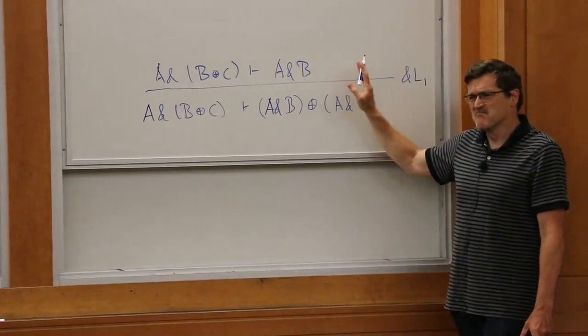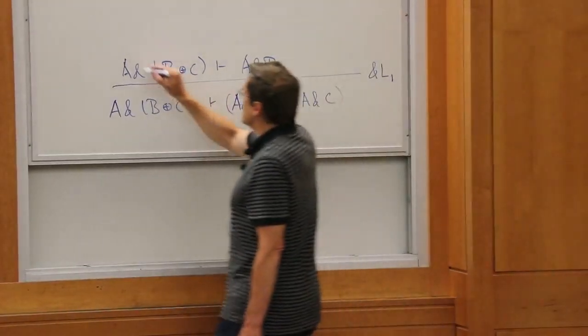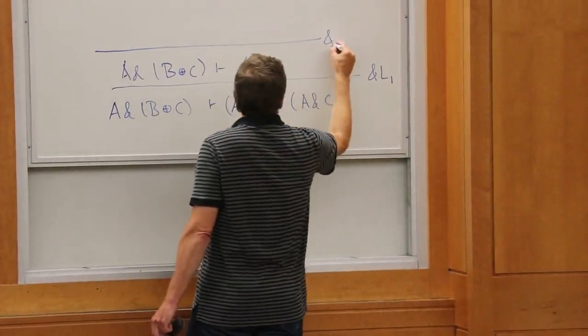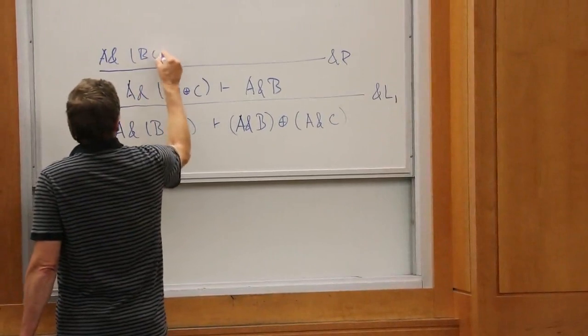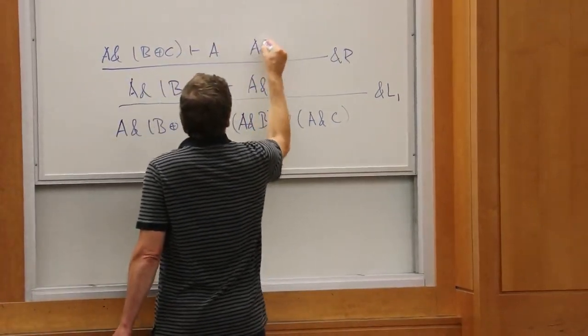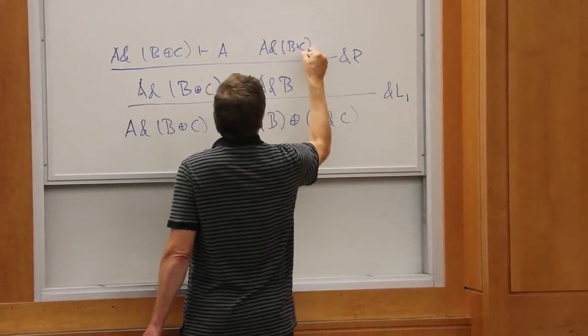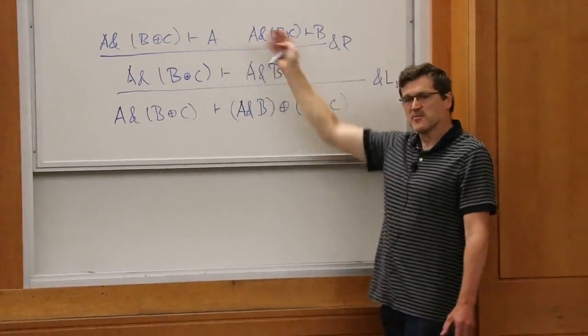So trying one should be enough. All right, so now we can do the right rule here. Well, that's just enough to show the right rule that A with B plus C proves A, and A with B plus C proves B, right? Those are the things. If you prove a conjunction, you should break it up into two.